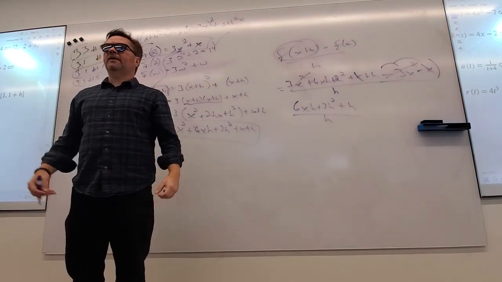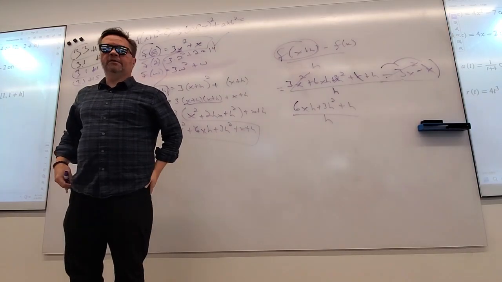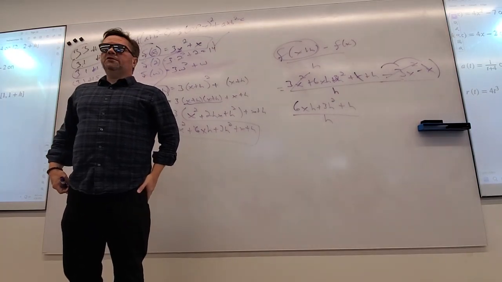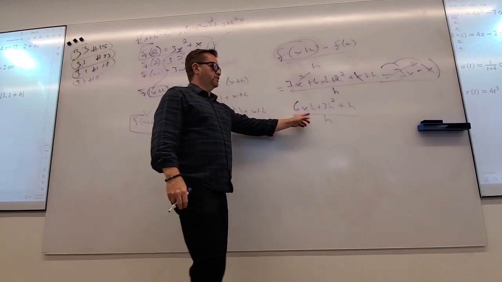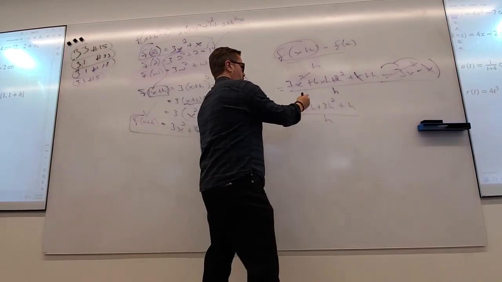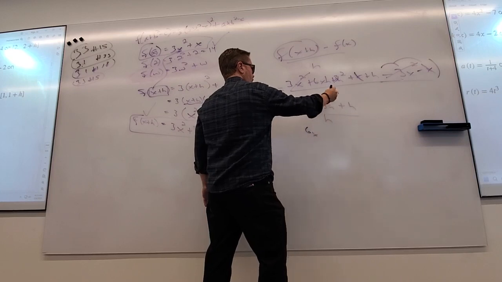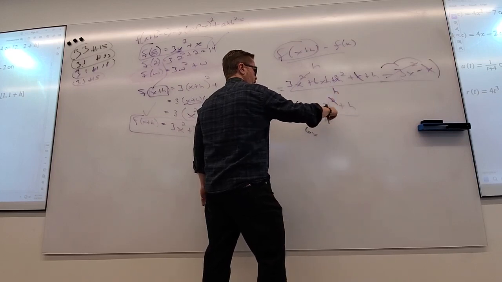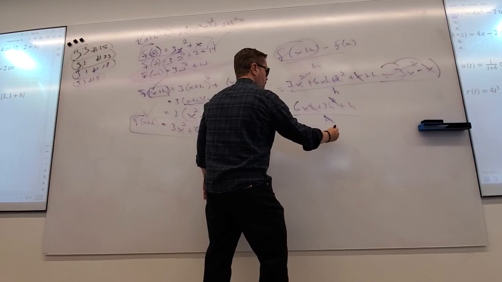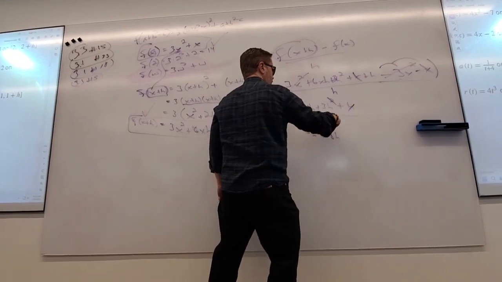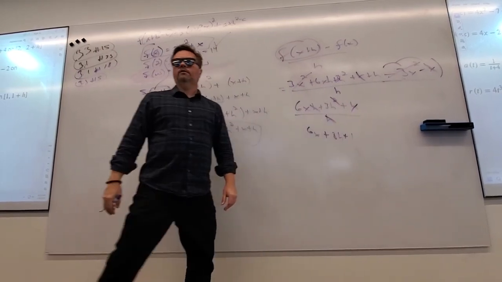They all have something in common. It's divisible by h. They all have an h. So can I divide each one by h? Yeah. Good. So I get 6x, this h cancels, plus 3h. Good, I lose an h, right? Because when I divide, and then of course this plus 1, this plus 1. Okay.